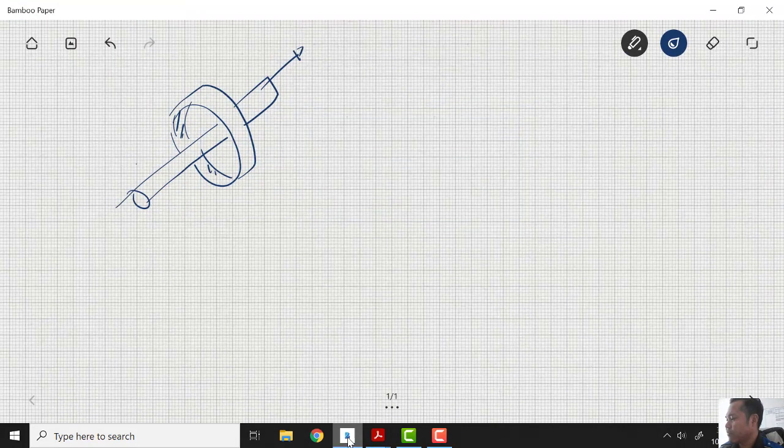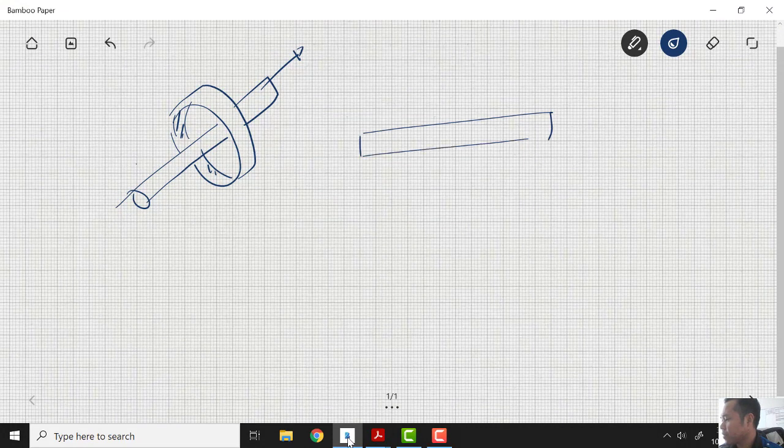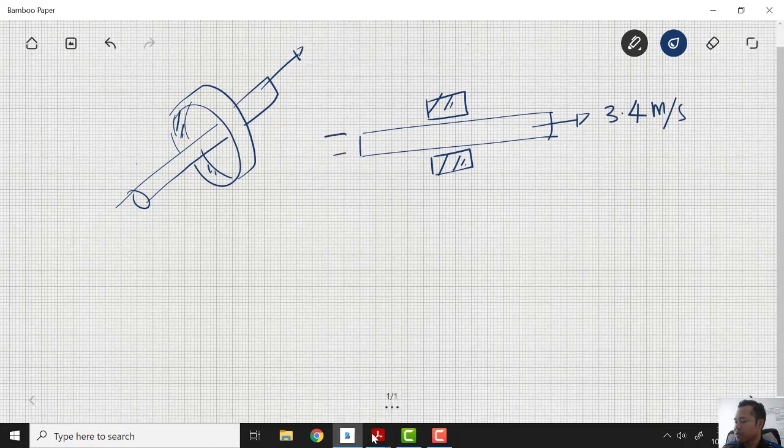We have a shaft inside a bearing, and they pull the shaft at velocity 3.4 meter per second. The shaft has the diameter of 35 mm, and the bearing is 0.5 meter wide.